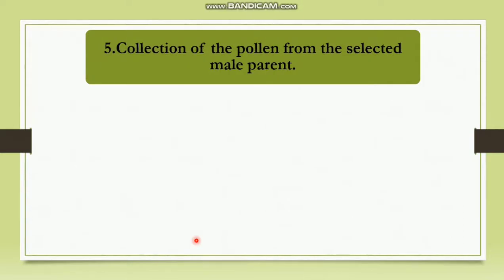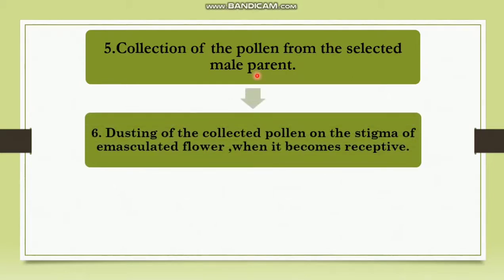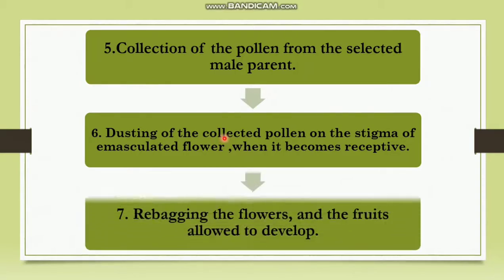Once the stigma is receptive, pollen grains are collected from the male parent. The bag of the female flower is removed and pollen grains are dusted over the stigma of the emasculated flowers. The flowers are again rebagged until the fruit develops.